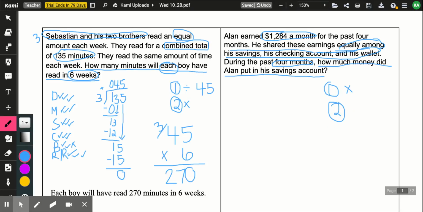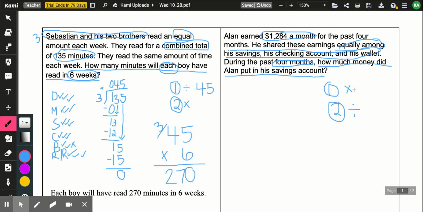So we know how much total money he had, but did they ask how much total money he had? No, they want to know in his savings account. Well, that total amount he had, he split it between his savings, his checking, and his wallet. So he's splitting it up. He's dividing it into those 3 different places. So that'll be our second step.